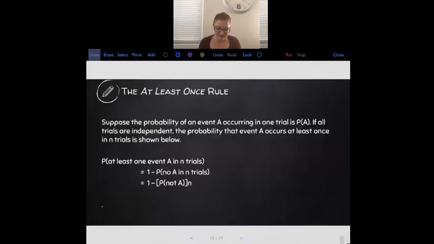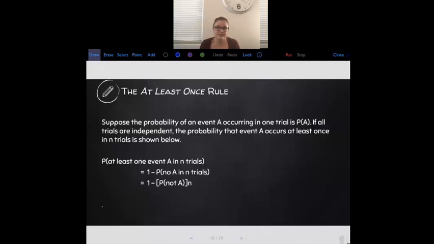Okay, so the at least one rule. So suppose the probability of an event A occurring in a trial is P of A, or probability of A. If all the trials are independent, the probability that an event A occurs at least once is given below. So sometimes it's easier to calculate. So for instance, and I think the next example we'll do is tossing a coin 3 times and getting at least 1 head.